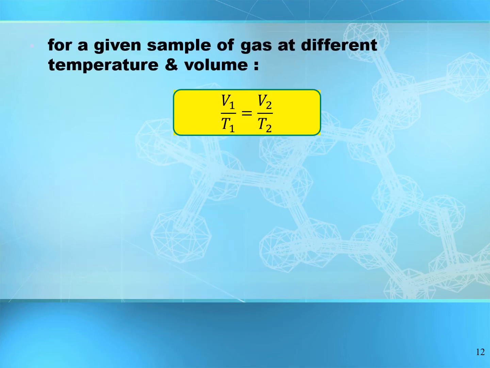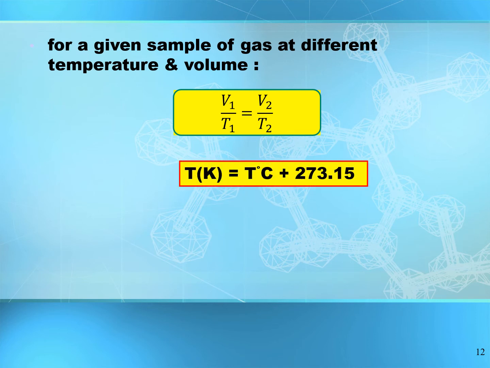For a given sample of gas at different temperature and volume, initial volume over initial temperature will be equal to the final volume over final temperature.